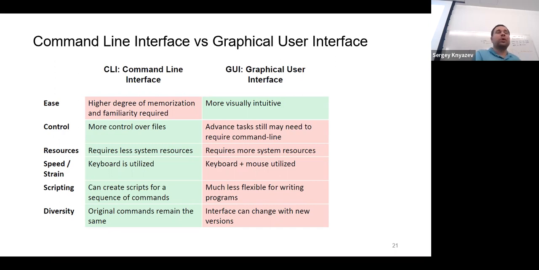We use more keyboard than mouse, and it's actually very convenient. Once you learn all the commands and you learn how to efficiently use your keyboard, it's much easier to interact with machines through the keyboard rather than through the mouse. You can create scripts, so you can write programs for your operating system, and it's going to implement them.